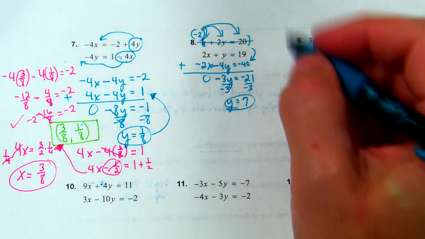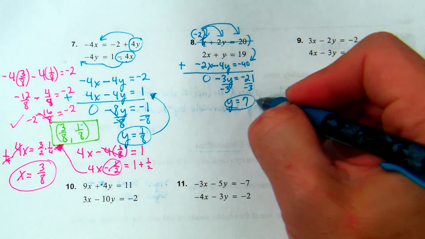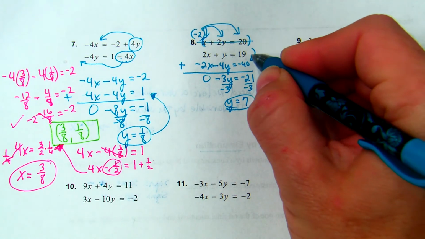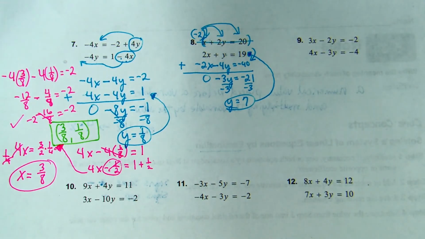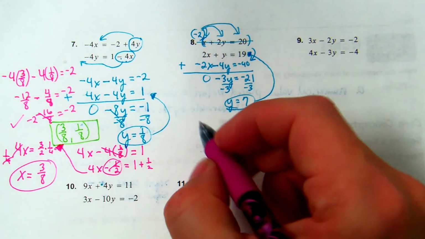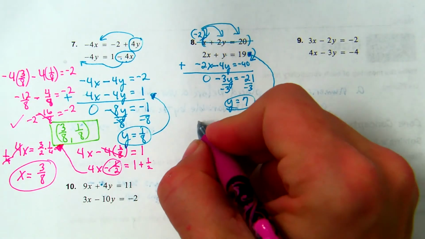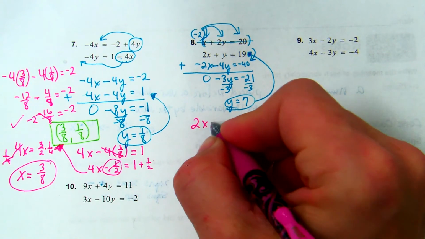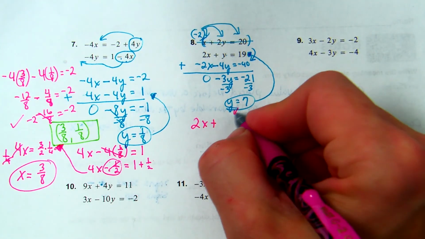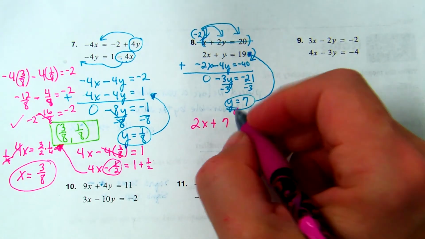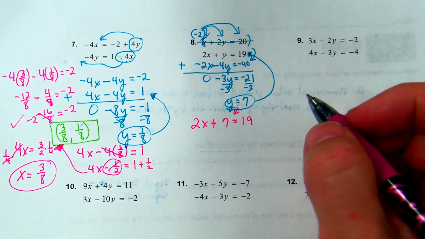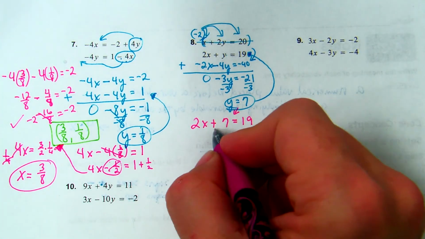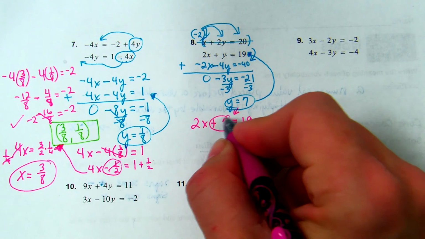Taking that and plugging it in, I'm going to plug it into this bottom equation because the x term is positive, and it kind of makes me feel better, I guess. So we're going to have 2 times x plus our value for y, which is 7, equal to 19. So I'm going to move the 7 to the other side.